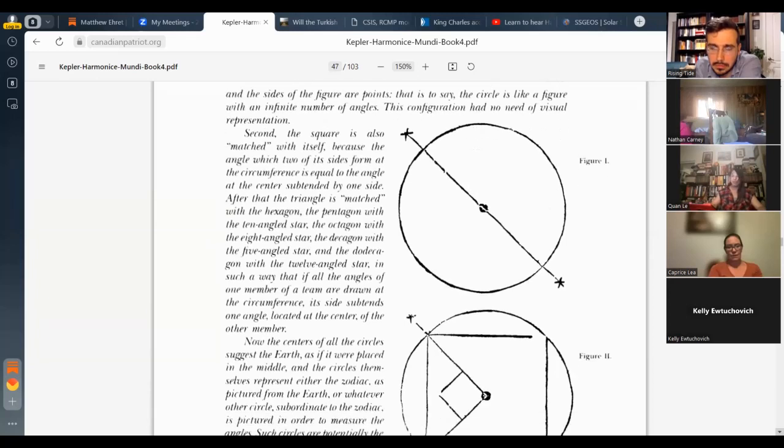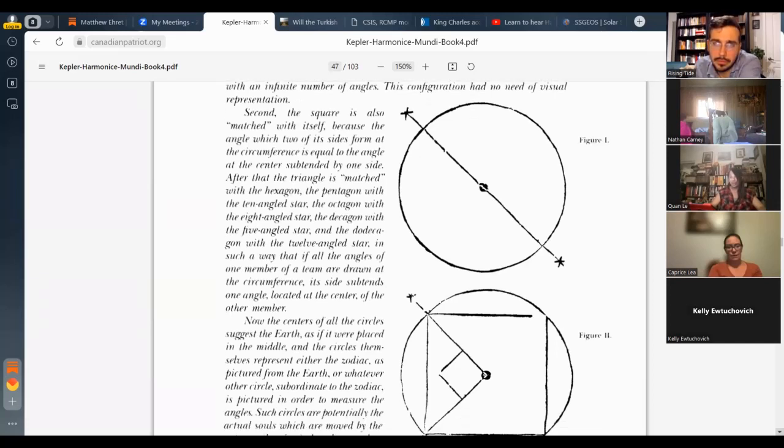Second, the square is also matched with itself because the angle which two of its sides form at the circumference is equal to the angle at the center subtended by one side.